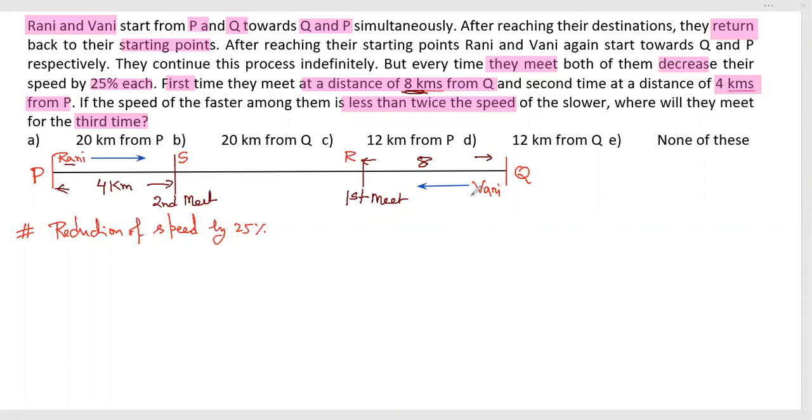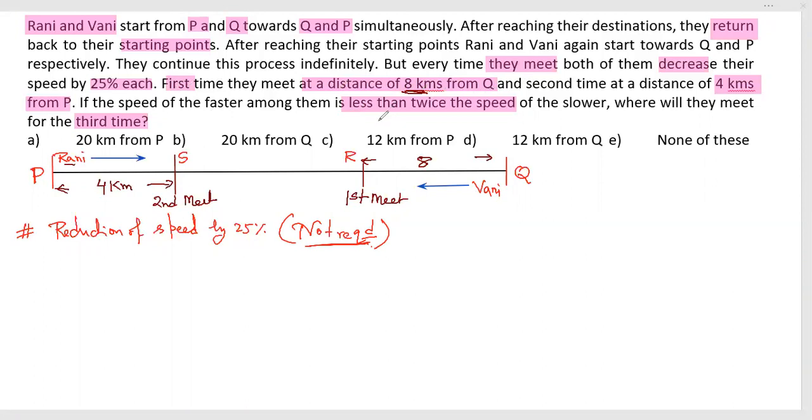So the initial speed ratio and the final speed ratio would both be the same, as both of them are decreasing. So basically this one is not required. This is actually redundant data that we need to understand. This is the concept of 25% reduction after meeting.